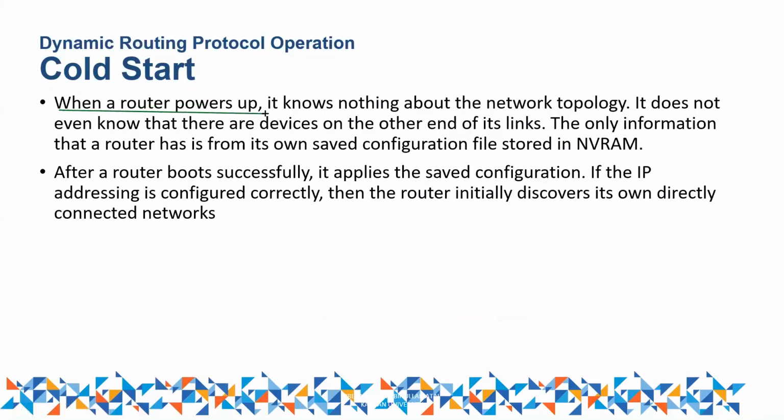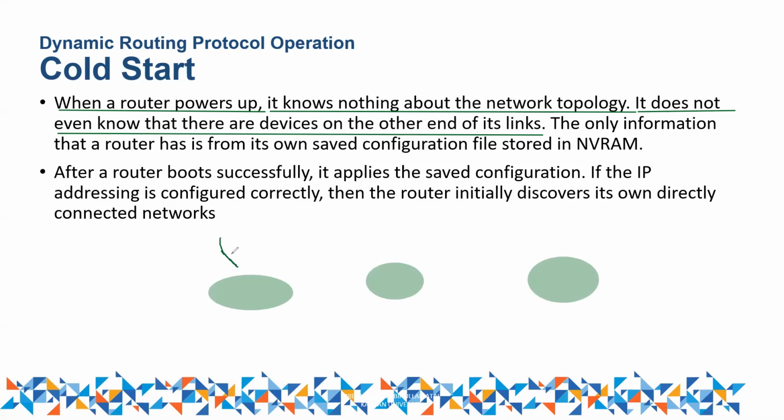When a router powers up, it knows nothing about the network topology because it's freshly powered on. There is nothing in its RAM or its running configuration file, so it knows nothing about anything. It doesn't even know its own IP address. It does not even know whether there are devices on the other ends of its links. For example, there are 3 routers.